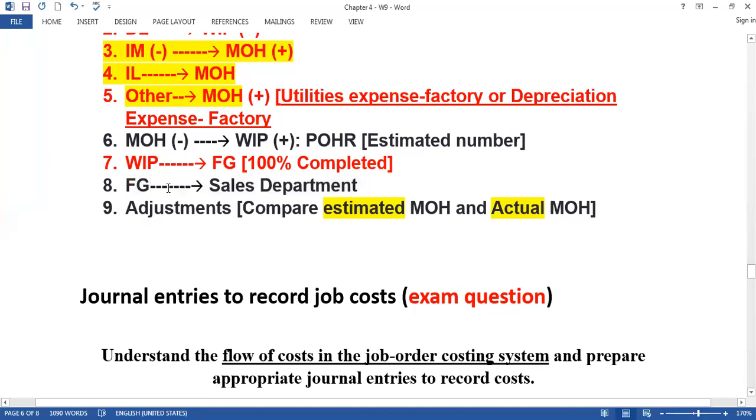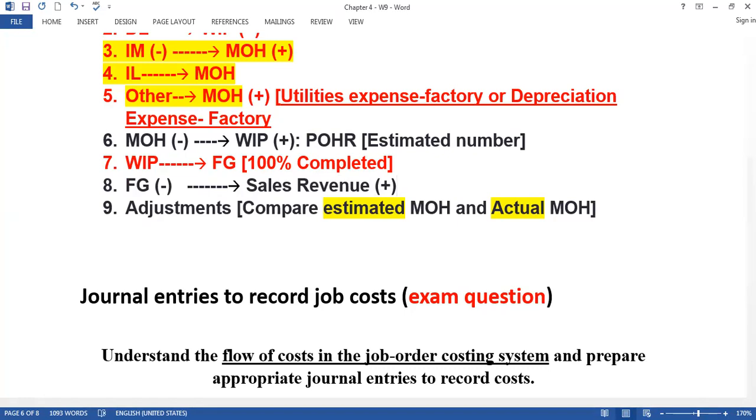So we have one journal here. Finished goods is decreasing. Clear? Finished goods is decreasing, and our sales revenue is increasing. Do you understand?